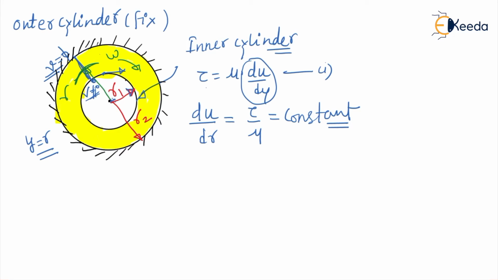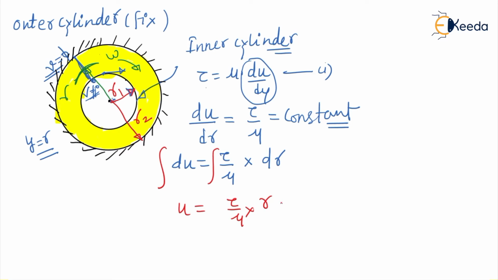Now if it is the case, how do we approach further? We can write du as tau by mu into dr, and if we integrate this, we will get u equal to tau by mu into r, but because we have not applied any limits, we add some constant.